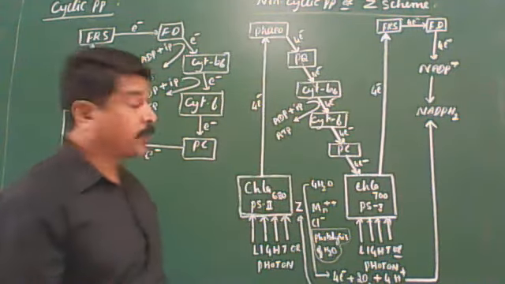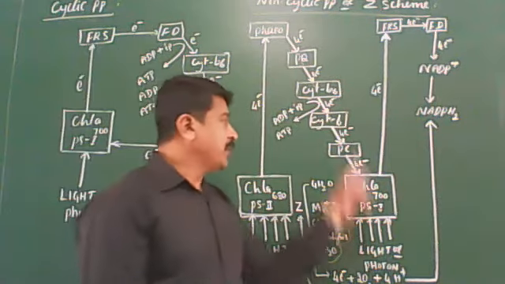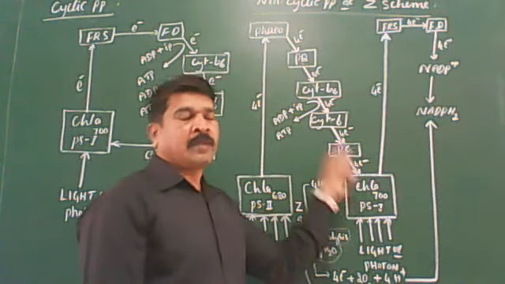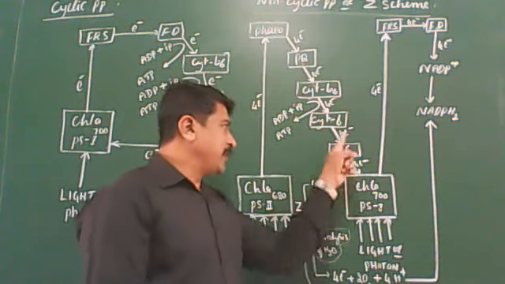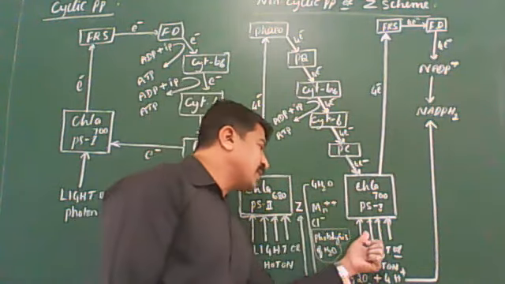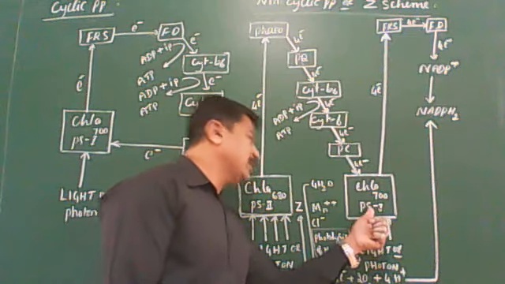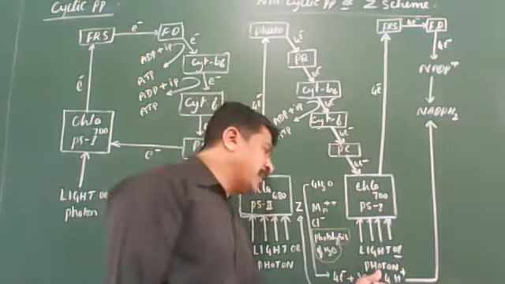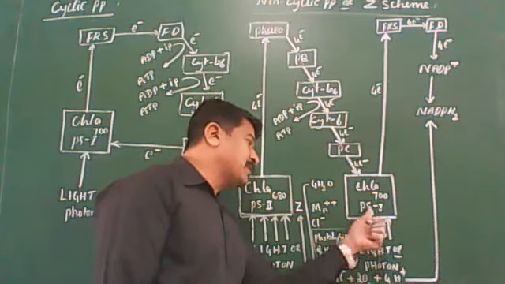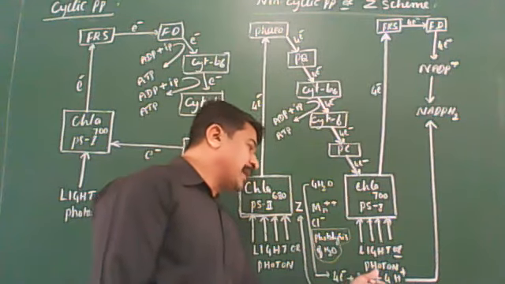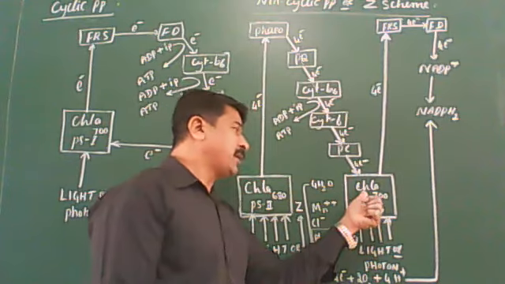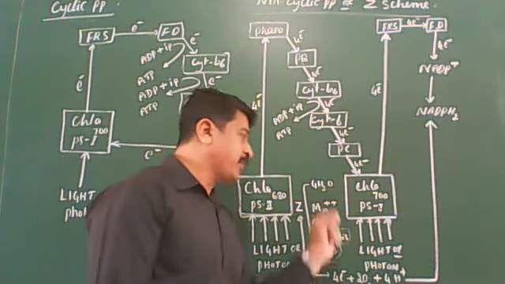Look at the book. By the time the electrons reach the plastocyanin, the accessory photosynthetic pigments of PS1 absorb light or photon, transfer to the reaction center containing chlorophyll A700.